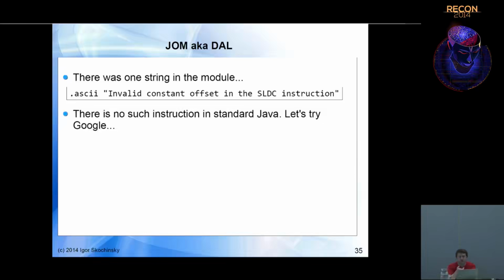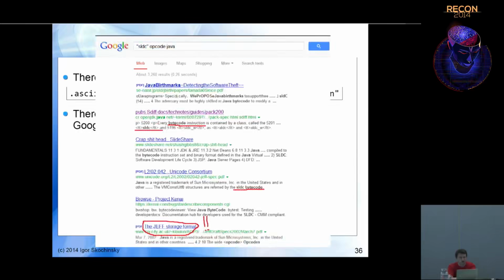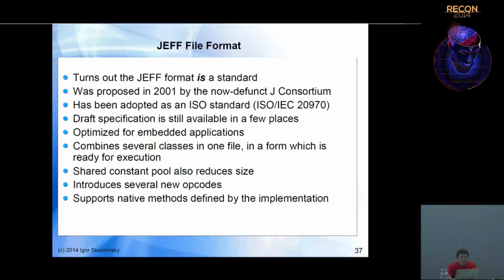Standard Java does not have an SLDC instruction. So what is this instruction? Let's see if Google knows anything. I searched for SLDC opcode Java, and I actually got some hints for something called JEFF. So apparently I spent a couple of months in vain, and the JEFF format is a standard.